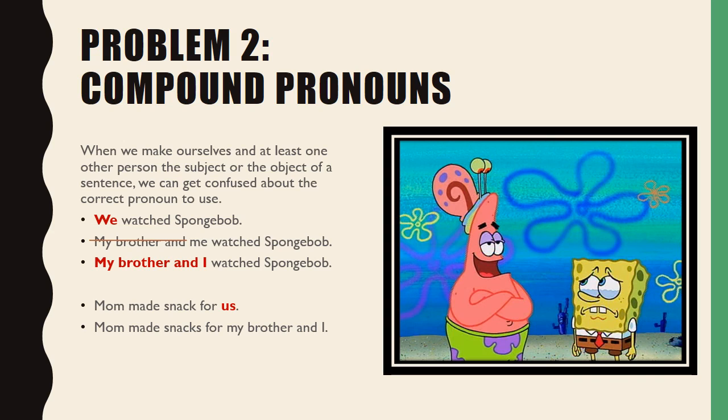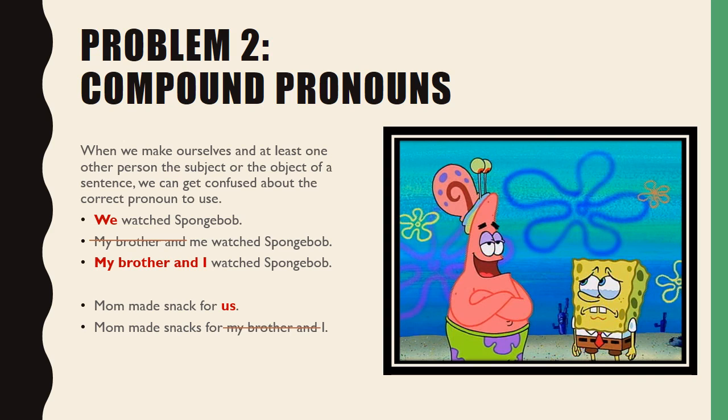The problem is that this doesn't work either, because if we take "my brother and" out again, then the sentence reads like this: "My mom made snacks for I." And that's not something that we would say, right? We don't want to sound like a 2-year-old who's still learning to speak.